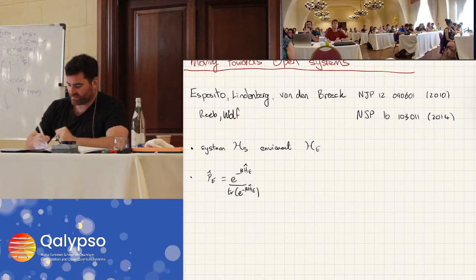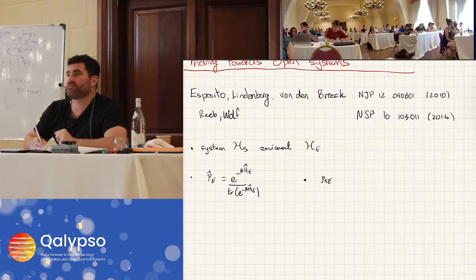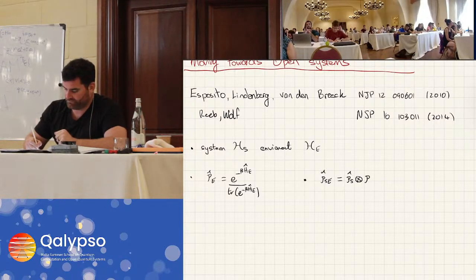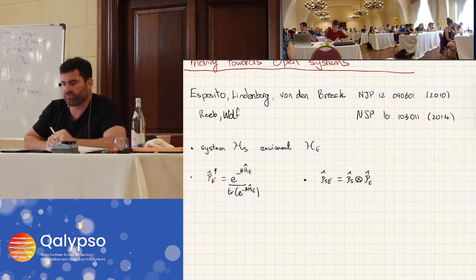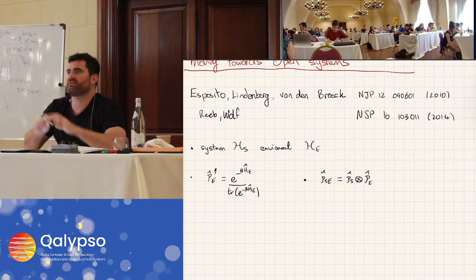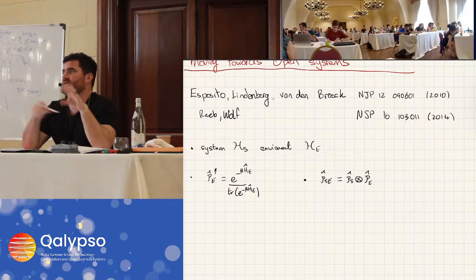And I'm going to assume that initially the composite state of the system and environment is prepared in a product state, with the system state being arbitrary. Again, apologize if I abuse notation; hopefully it'll be clear. So that's the situation: starting off in a product state, an arbitrary state for the system, and a thermal state for the environment.